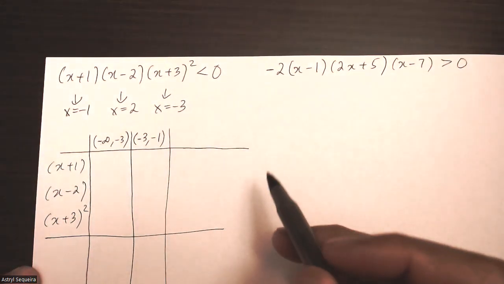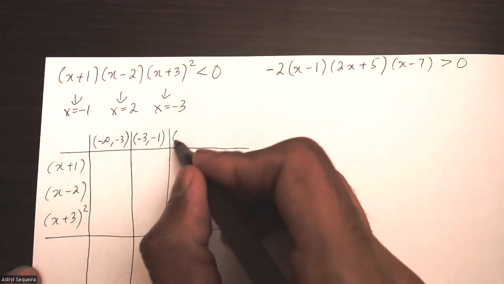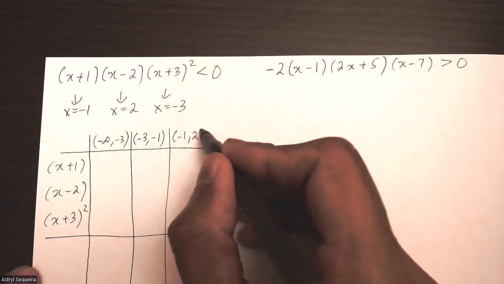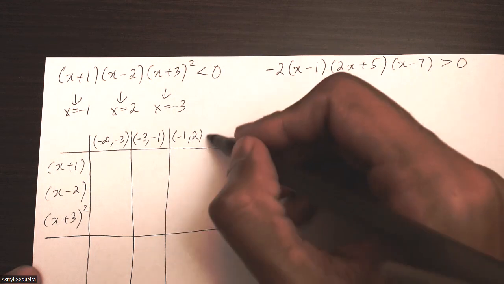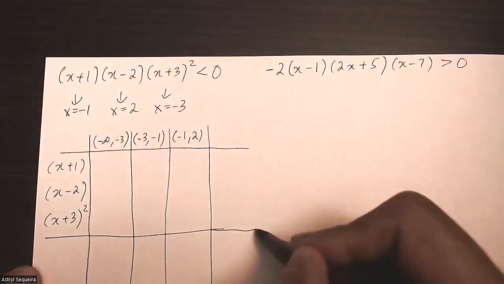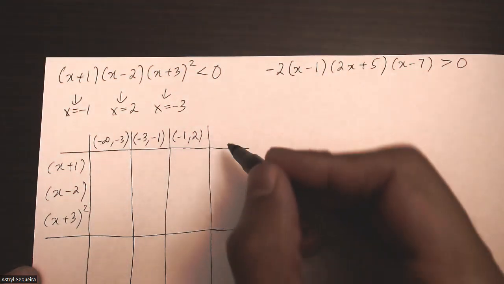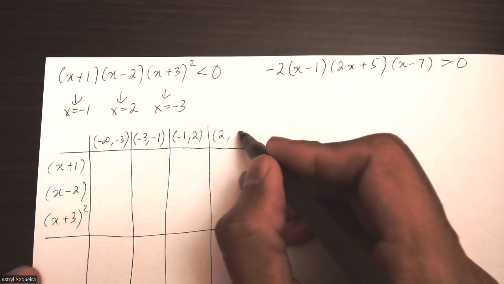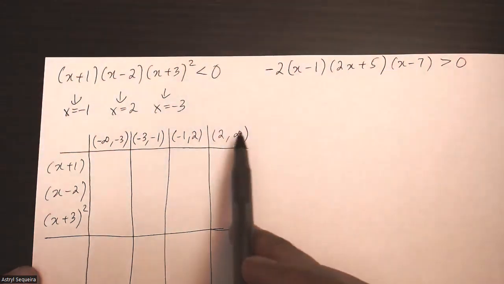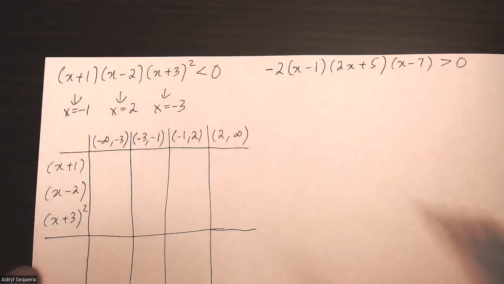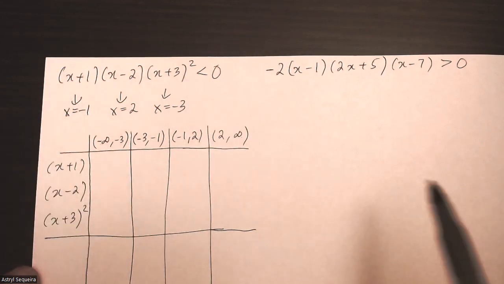My next one is from -1 to +2. And then my last one is going to be from +2 to +infinity. We always end at +infinity, assuming there's no domain given in the question.